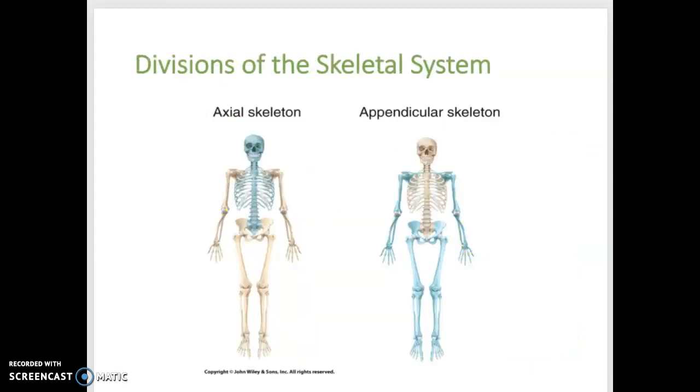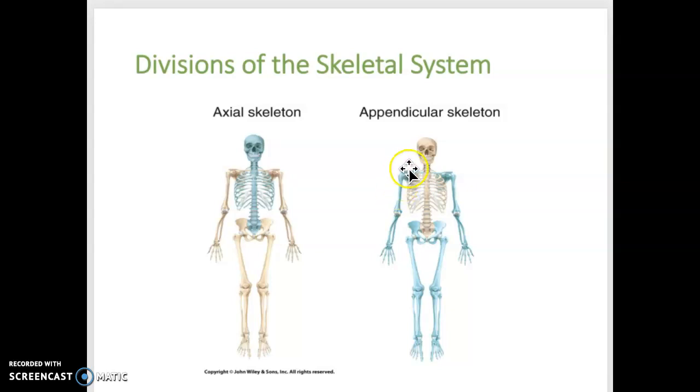The axial skeleton is shown on this picture in blue. This forms the central axis of the body, and it includes the skull, the vertebral column, and the rib cage. The appendicular skeleton consists of the bones that form the limbs and the girdles that attach them to the axial skeleton.